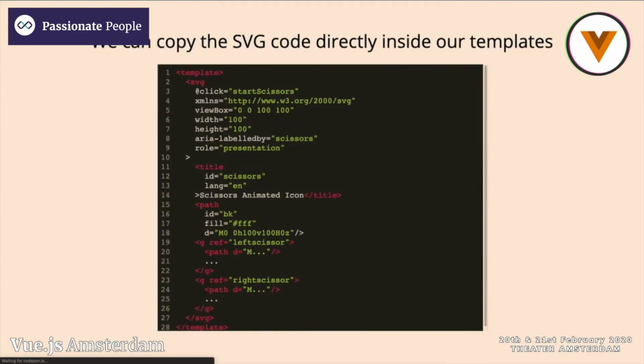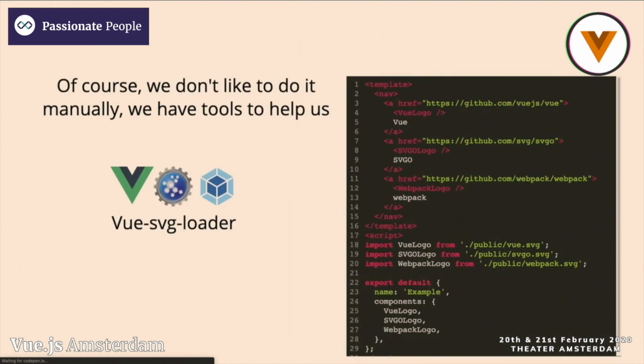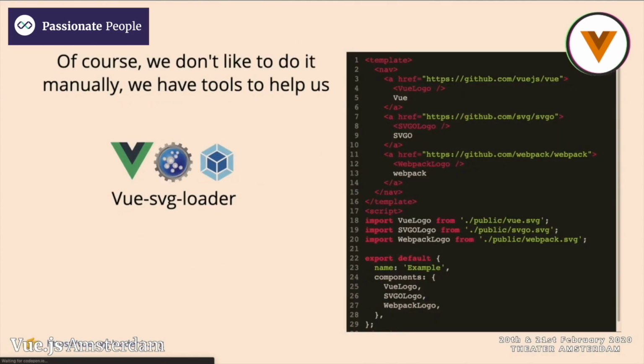We can go directly to just copying the SVG inside the Vue file as part of the template, which is good. If we don't want to do it, we can use Webpack loaders, for example, the Vue SVG loader that helps us to do it pretty much automatically. And we can use the SVG files as components. Again, good.